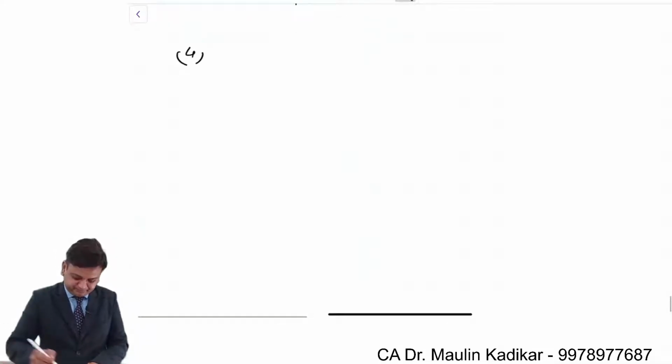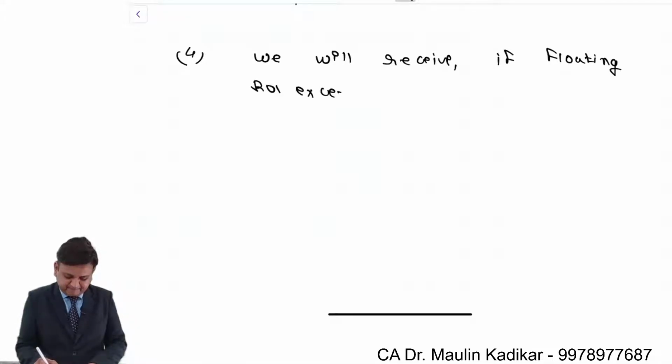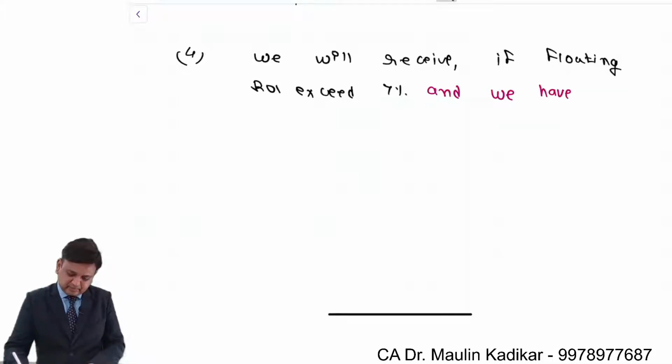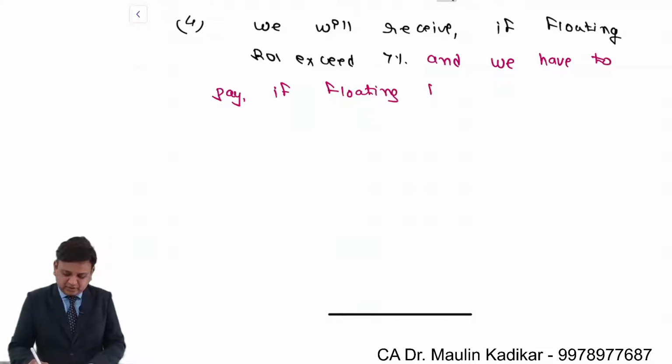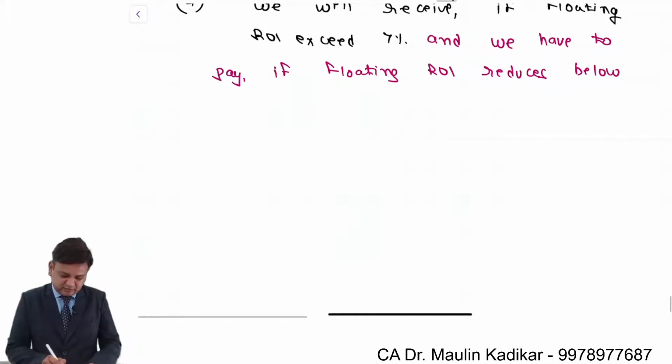Fourth point, we will receive, comma, if floating rate of interest exceeds 7% and we have to pay if floating rate of interest reduces below 4%.